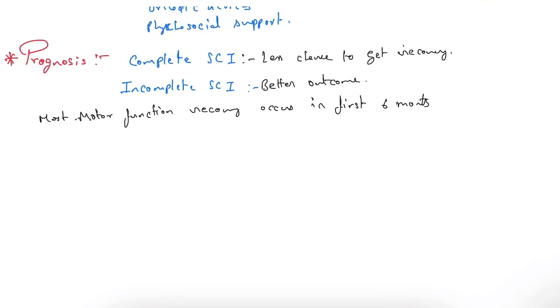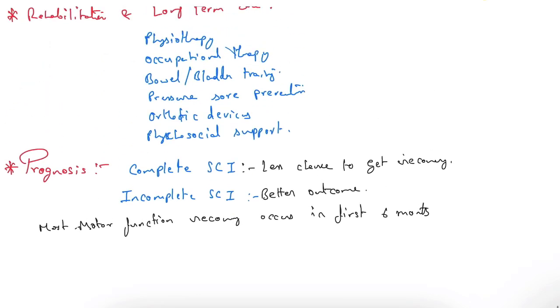Okay, now how can we differentiate neurogenic versus spinal shock? First I am going to discuss spinal shock and neurogenic shock. In spinal shock, after a sudden spinal cord injury there is temporary loss of reflexes, and blood pressure and heart rate will be variable. Reflexes are absent initially, and resolution takes hours to weeks.